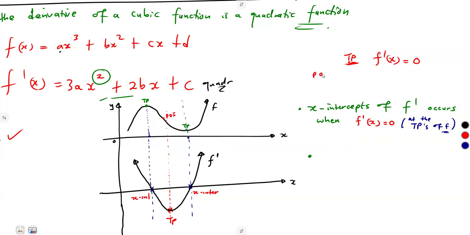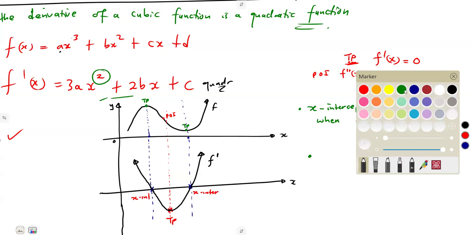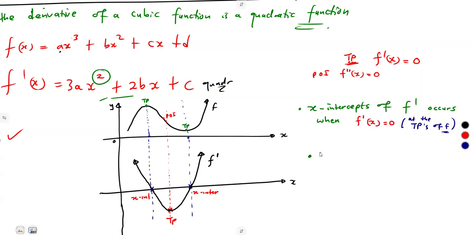And we do understand that at the point of inflection, the second derivative is equal to what? Is equal to 0. Remember that concept. So therefore, we can conclude that the turning point of the first derivative function occurs when the second derivative is equal to 0.